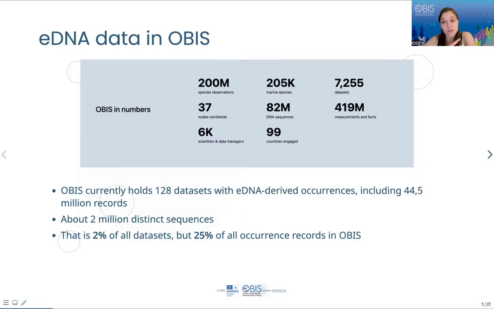We have 2% of all datasets that are eDNA, but already 25% of all occurrence records in OBIS. So I think this already shows how important this data type will become for our biodiversity information and for the level of understanding that we have on marine biodiversity around the world. So sharing that data is extremely important so that we can actually benefit from all that information that is collected around the world.